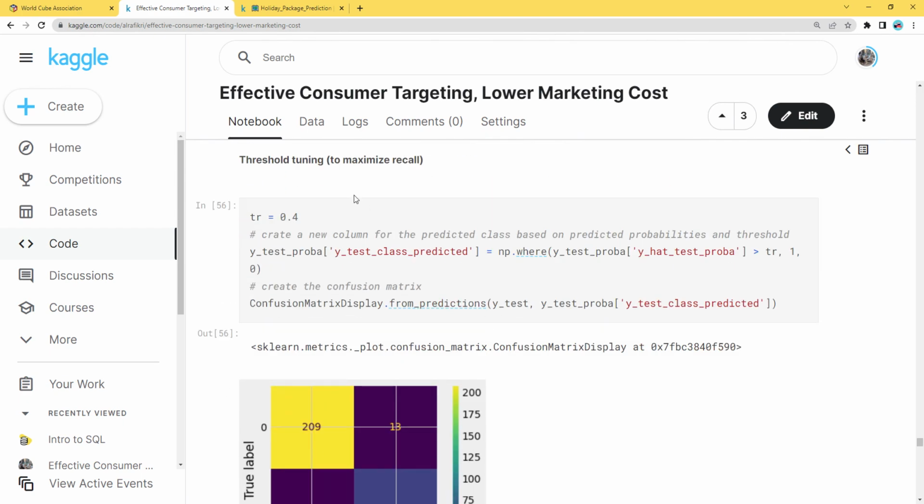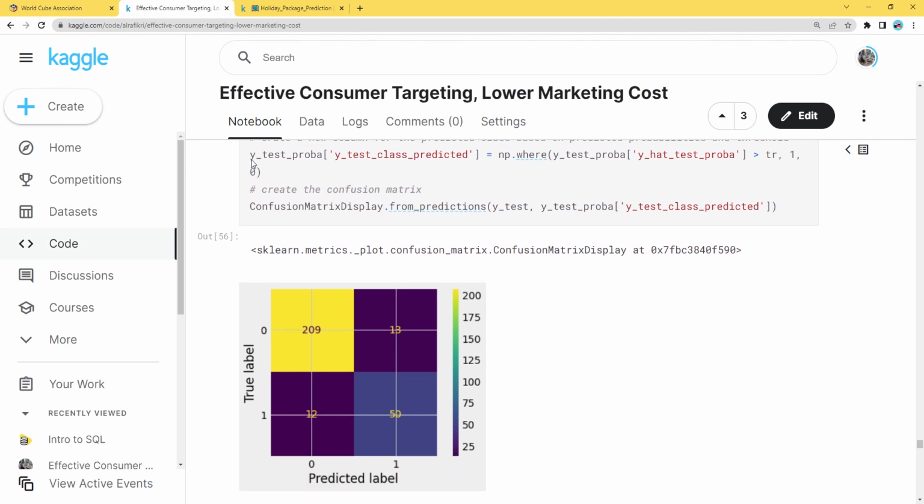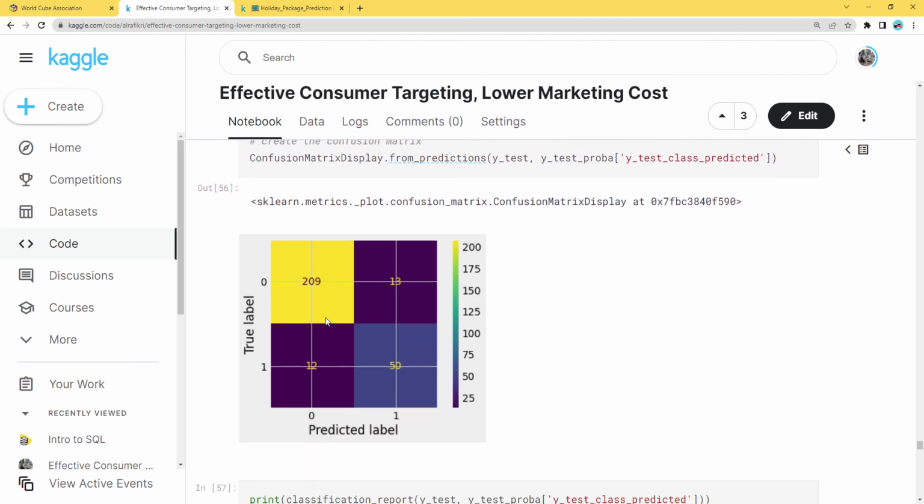Okay. And I tried to maximize the recall using threshold tuning. Basically our model's default threshold is 50%, right? And I tried to lower it, and it got a better true positive result.